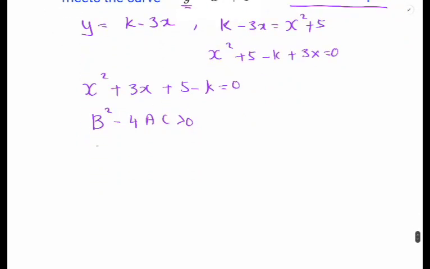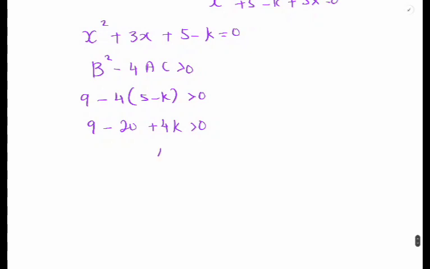So b squared, in this case, is 9, 3 squared is 9, minus 4, a is 1, c is 5 minus k, bigger than 0. So 9 minus 20 plus 4k bigger than 0.